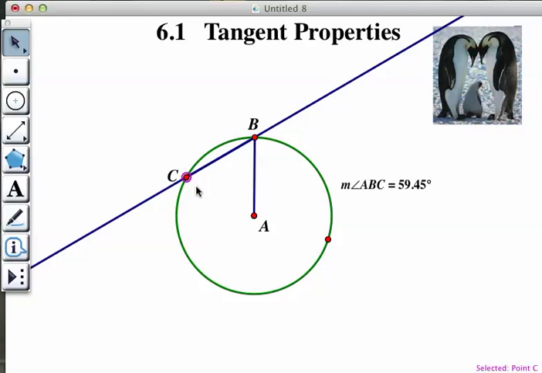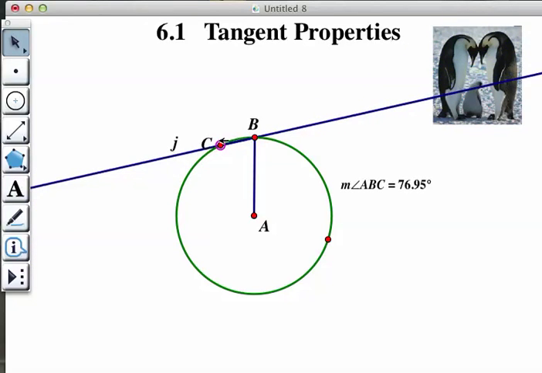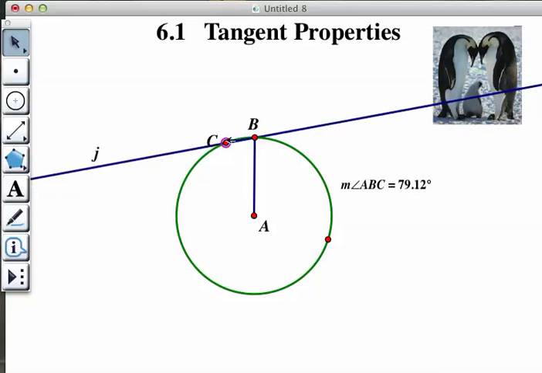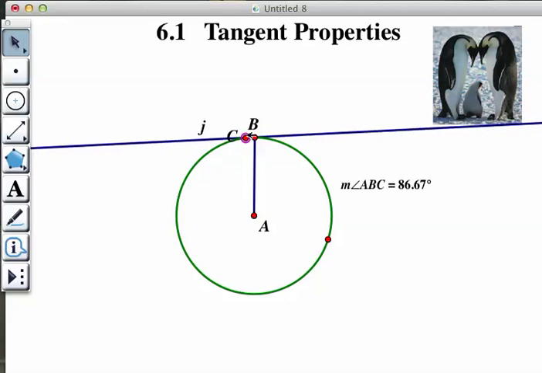So let's approximate a tangent line here. We'll call this line J. Let's say I made line J tangent to circle A. I'm just going to move that name out here a little bit. As point C gets closer to point B, I'm going to try to get it right on top. I'm trying to get it as exactly on top as possible.